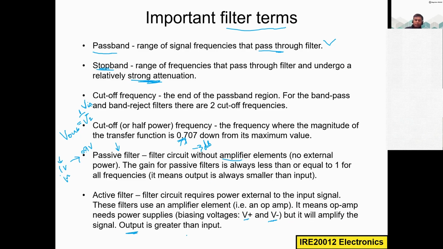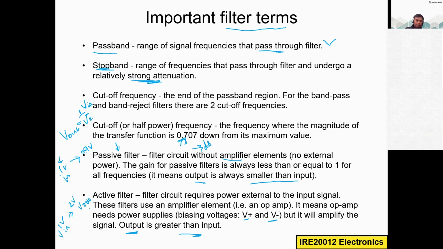So output is always greater than input. So remember here, output is always smaller than the input, but here in the active filter, output is always greater than input. So if you apply the same 1 volt at the input, V in, at the output, maybe you will get 2 volt or 1.5 volt. It's up to the gain, what you are going to have. So this is the V out.